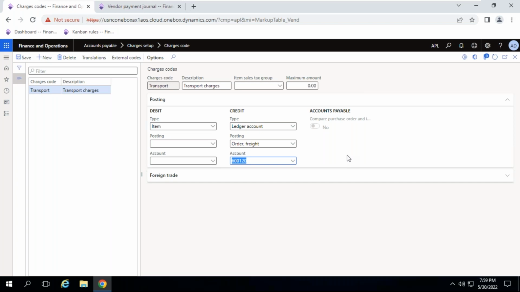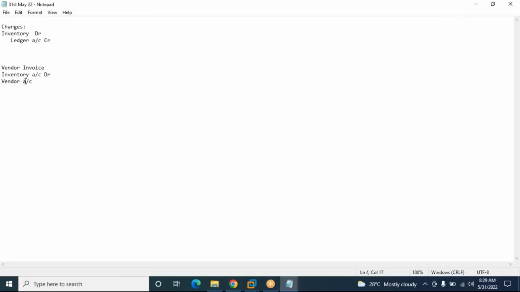Okay, sir. Fine. If it is a customer invoice, transport to customer, a sales order invoice, then what is the impact? Inventory account and customer account. Inventory account will be cost, and customer will be debited.